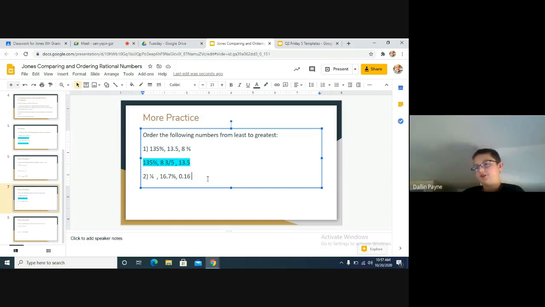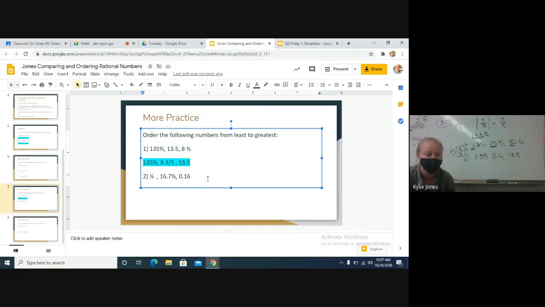I left my marker downstairs. Dallin, come on, man. That's probably why I talked about having stairs at the bottom, all the way down to get something.